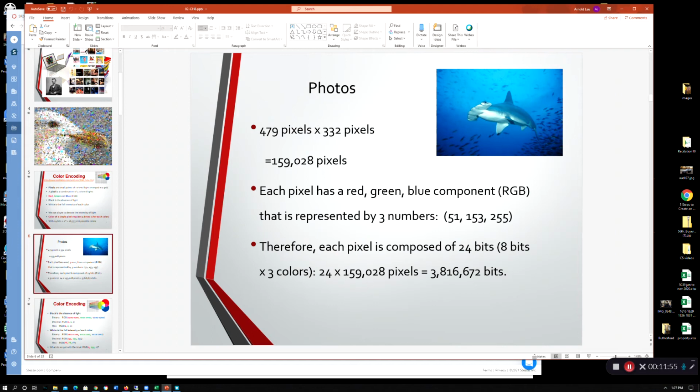And then, as I said before, each one's red, green, and blue, which is represented by 3 numbers. So here it's saying 51, 153, 255. That's for each color, okay? And then remember we were saying each pixel has 24 bits. And that gets you to this if you multiply by here. See this 159 up here?